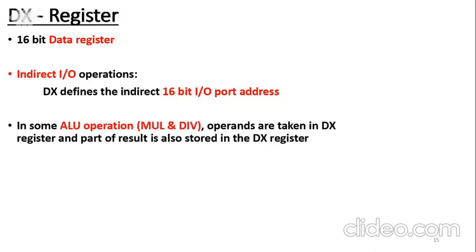The second implied use has been given here in some ALU operations like multiplication and division. One of the operands is taken in the DX register and part of the result generated is also stored in the DX register.